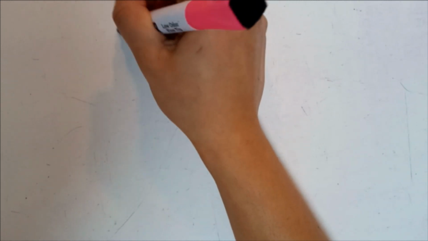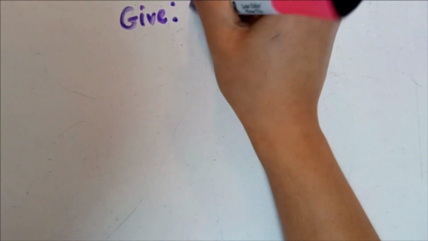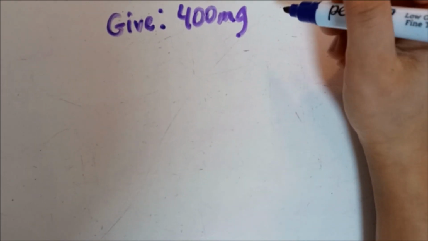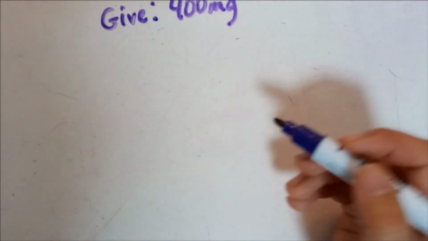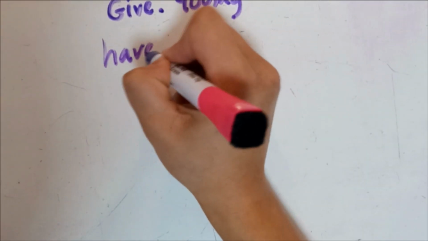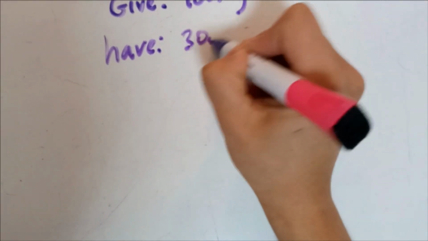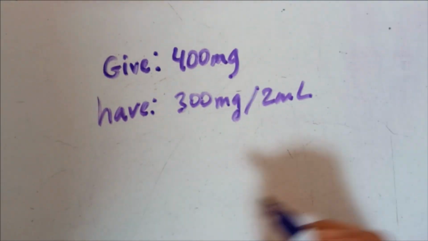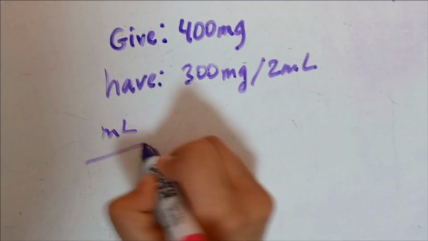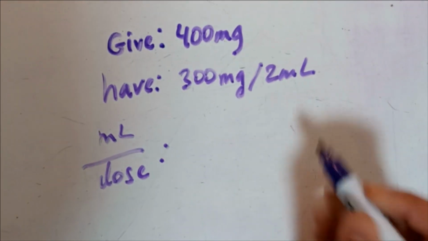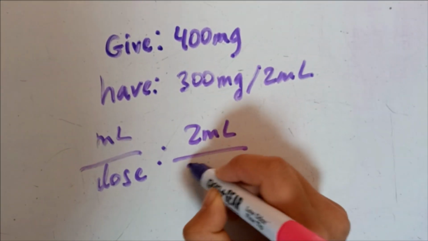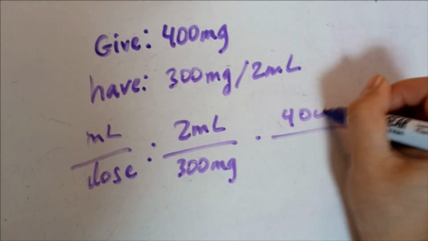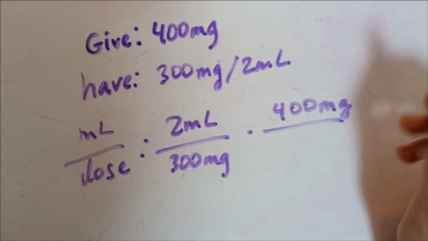So we have to give 400 milligrams. Okay, that's what we have to give, 400 milligrams. And we have 300 milligrams in 2 milliliters, okay? So we want to know how many milliliters per dose. Okay, so we do 2 milliliters, 300 milligrams. There's other ways of doing these, but this is the most foolproof way so that you don't miss any.